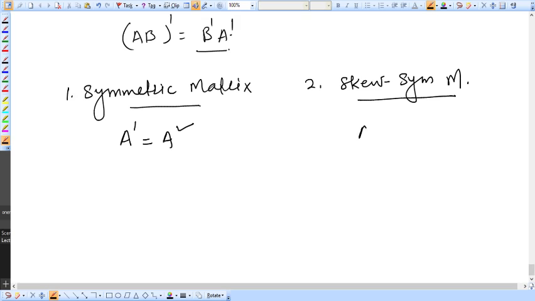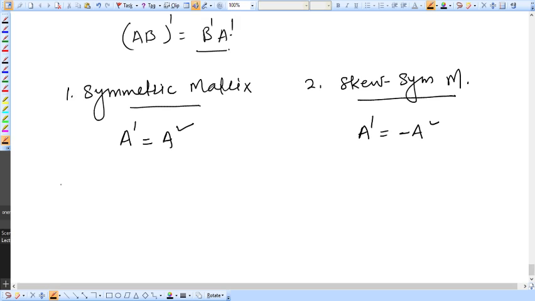If A transpose is not equal to A but equal to minus A, then this matrix is said to be skew symmetric, not exactly symmetric, because this is not equal to A but it is equal to minus A, so it is partially symmetric. Okay, so we will be calling this matrix skew symmetric.